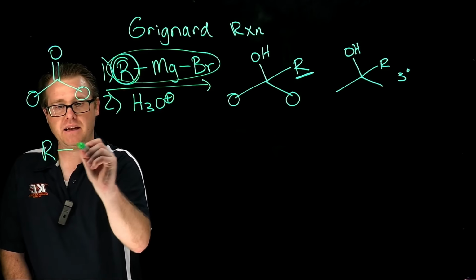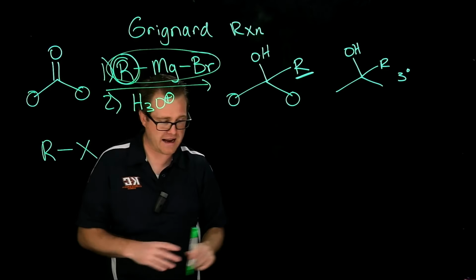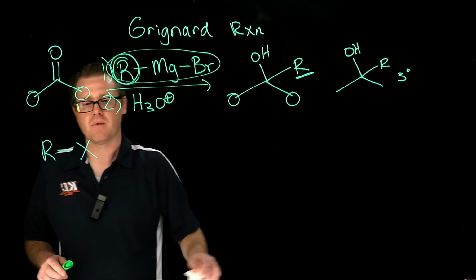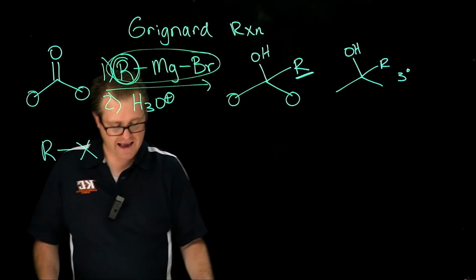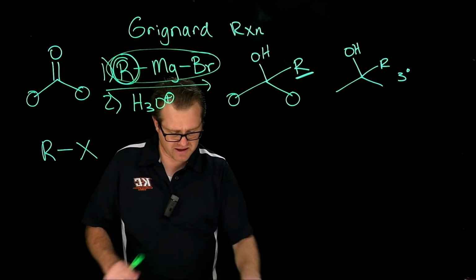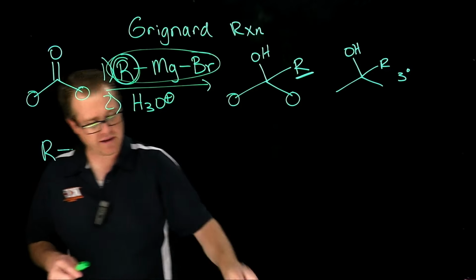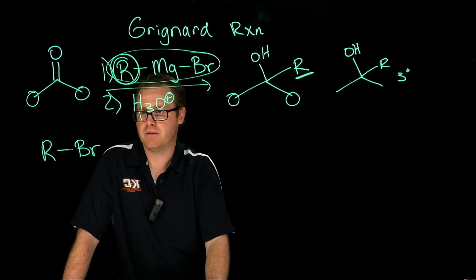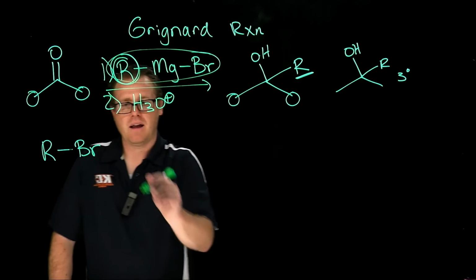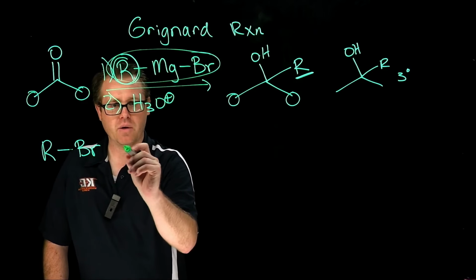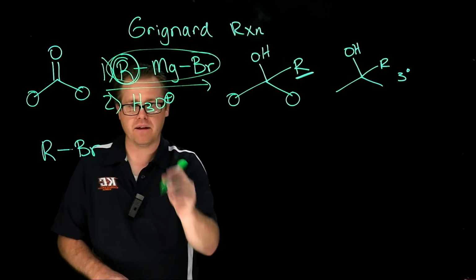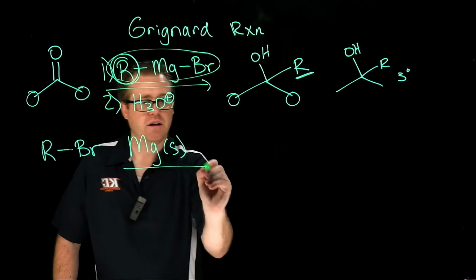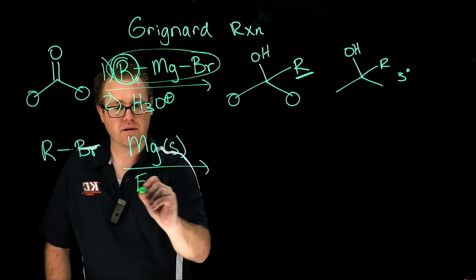So generally speaking, a general reaction here, X typically, you will see it with a bromine. An alkyl bromide there. And you're going to take that and react it with solid magnesium. And you're going to do that in ether.